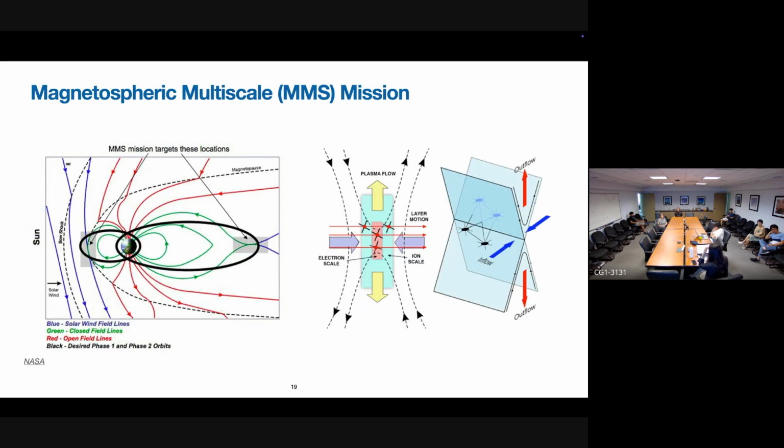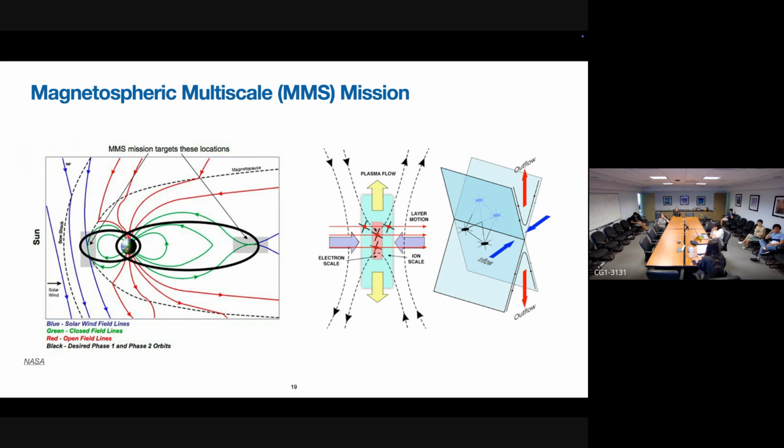And to study the reconnection electron scale signatures, before MMS, it was really difficult because we didn't have instruments that can look at such small scales and have high enough time resolution. And especially we cannot differentiate the temporal and spatial differences. So MMS is four identical spacecraft that are really closely located to each other.